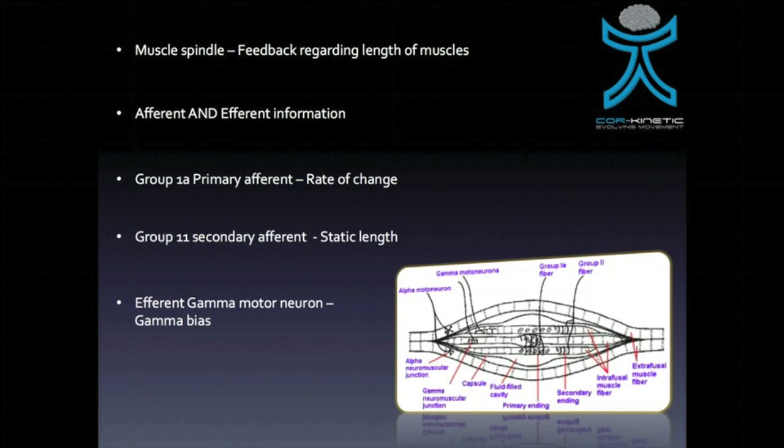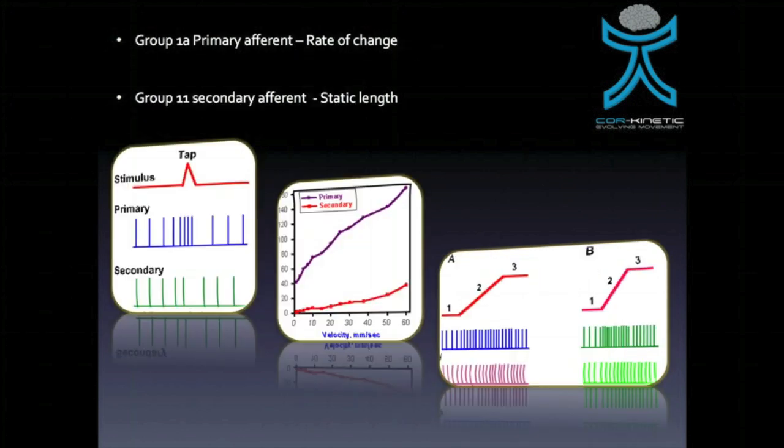If we flip to the next page, we see some really small charts about how all of our bodies respond to different movements and rates of movement. As we said before, group 1A primary afferents are rate of change, group 2 secondary afferents are about static length.